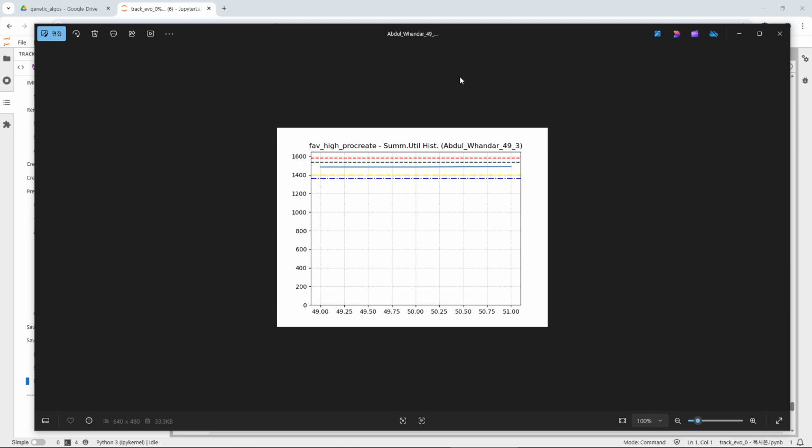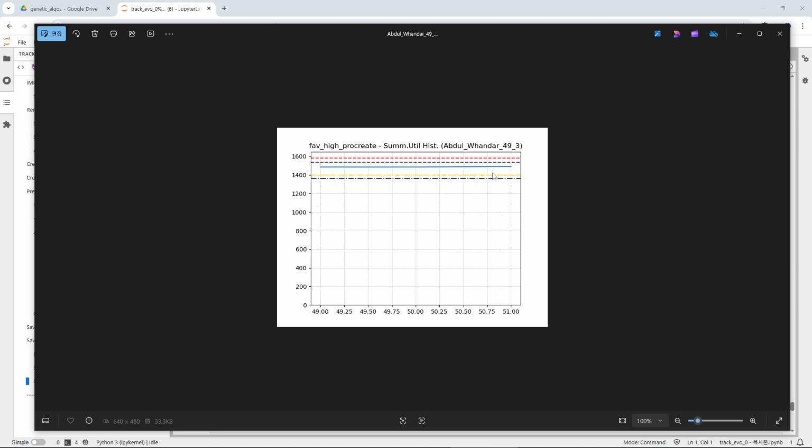They can sometimes also stay the same, and for example, these two entities stayed the same for generation 60 and generation 61, and generation 49 to generation 51.